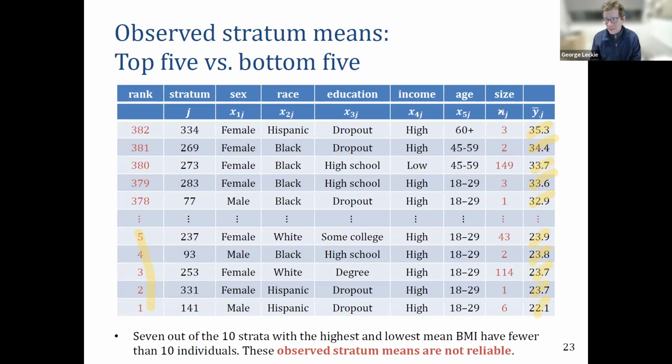But the crucial thing here is the stratum size, because in the top 5, we've got this one with only 3 respondents, this one with only 2, this one with 3, this one with 1. Only 1 in the top 5 has a decent sample size, so we might think that the observed stratum mean is reliable. The other 4 are clearly unreliable. And that's the real danger of just doing a straight descriptive analysis here. We need a model-based approach, which is going to do something about this and get a more optimal set of predictions than the simple observed stratum means.